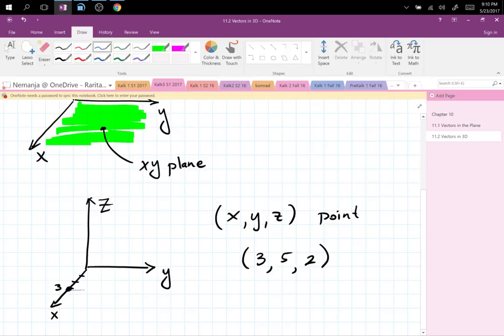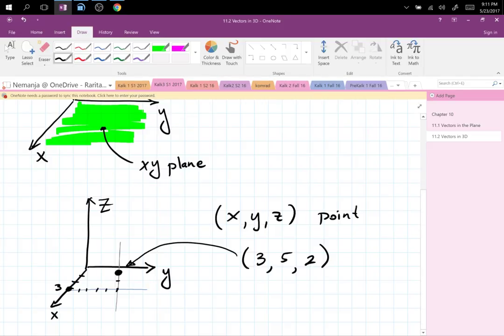Then I draw a line parallel to the y-axis and count 5. And then I draw a line parallel to z and count 2. That's the location of the point. So we count 3 along the x-axis, then draw a parallel line to y and count 5, and then draw a parallel line to z and count 2.